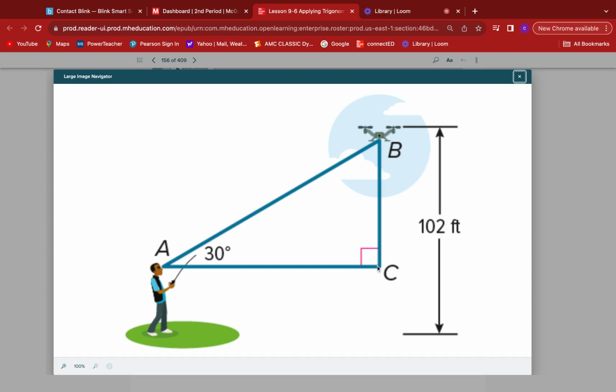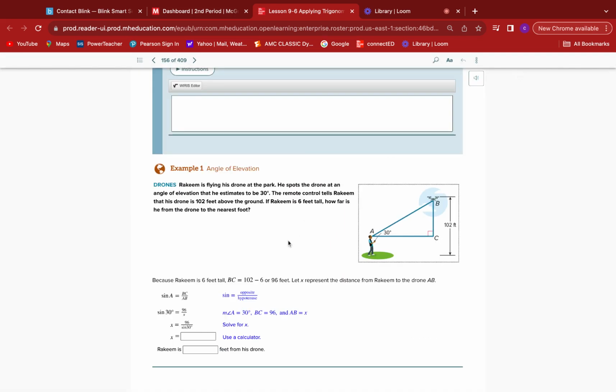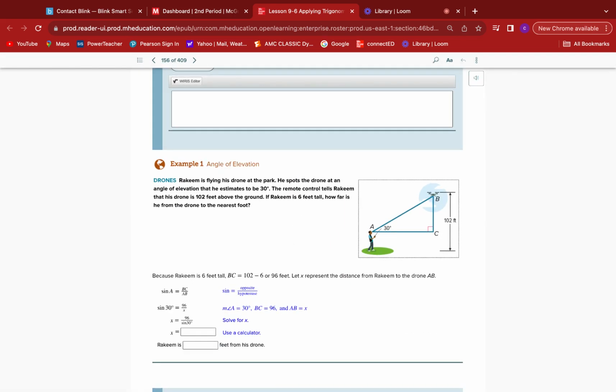So basically, if you want the height of the triangle, you're going to take 102, subtract 6, and that's going to be the distance from B to C. I guarantee that's probably not how they're going to work it, though. How far is he from the drone to the nearest foot? So looking for this distance along the ground. This length.